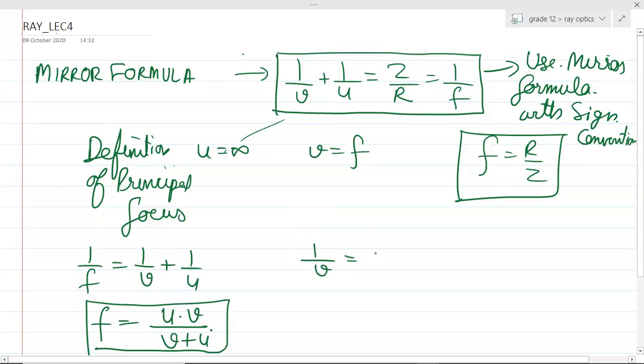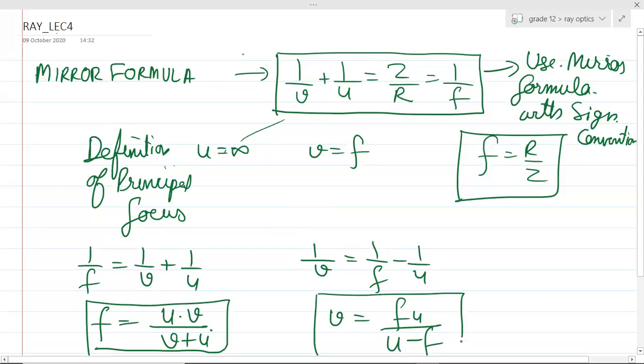Similarly, 1 by v will be equal to 1 by f minus 1 by u. So v will be equal to u f upon u minus f, and then you'll reciprocate also. And similarly, if u has to be calculated, then u will be equal to f into v upon v minus f.